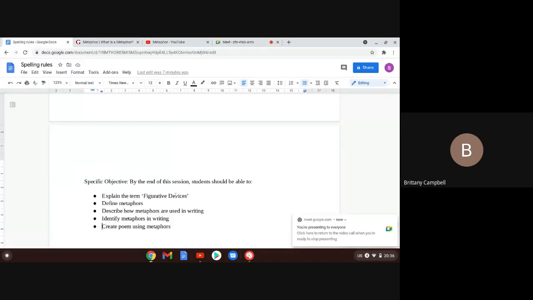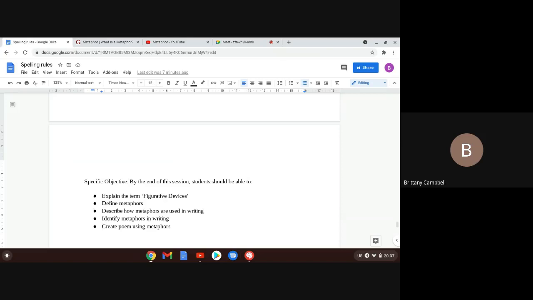Now let's go to our specific objectives. By the end of this session, you should be able to explain the term figurative devices. You should be able to define metaphors. What should you be able to define? Awesome. Metaphors.